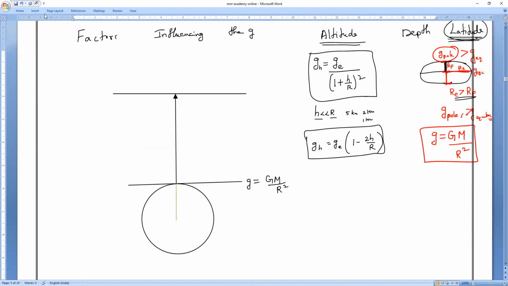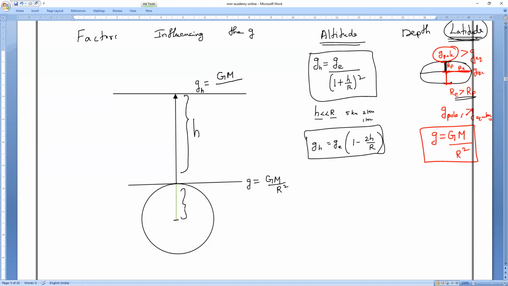Now, at this height, what is the g value? g at height h is equal to capital G into capital M divided by... Here at the surface it is R from the center, but now here it is R plus h.